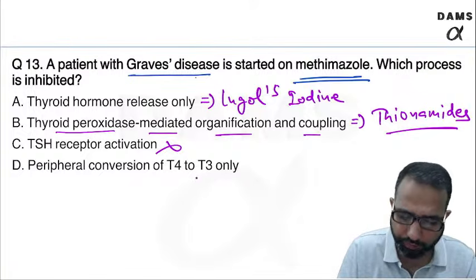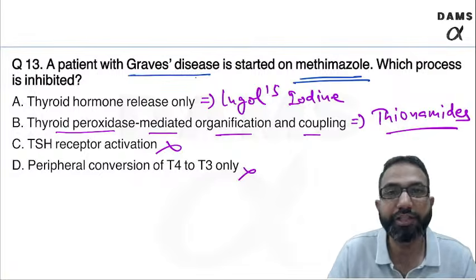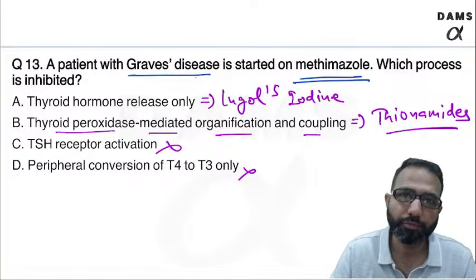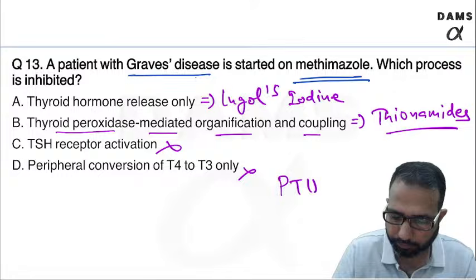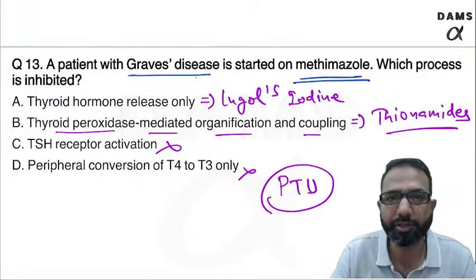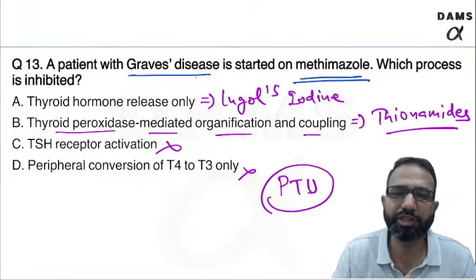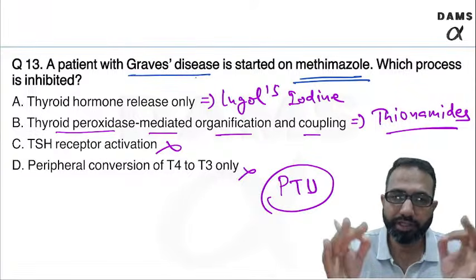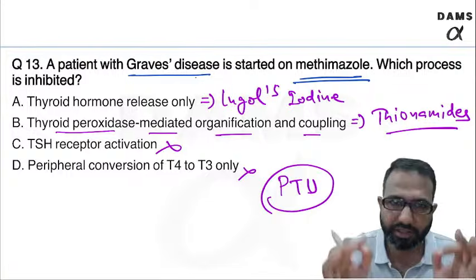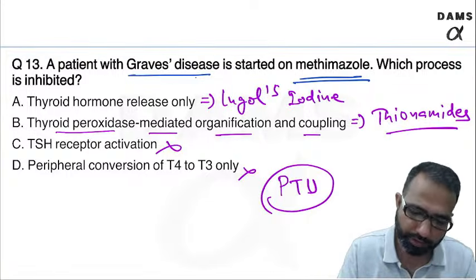Peripheral conversion of T4 to T3, that is again PTU having this action. PTU and propranolol have this action, but not all the thionamides. Carbimazole and methimazole mainly target the thyroid peroxidase pathway. They inhibit this pathway, and that's why they decrease the synthesis of thyroid hormone. So that is option B.